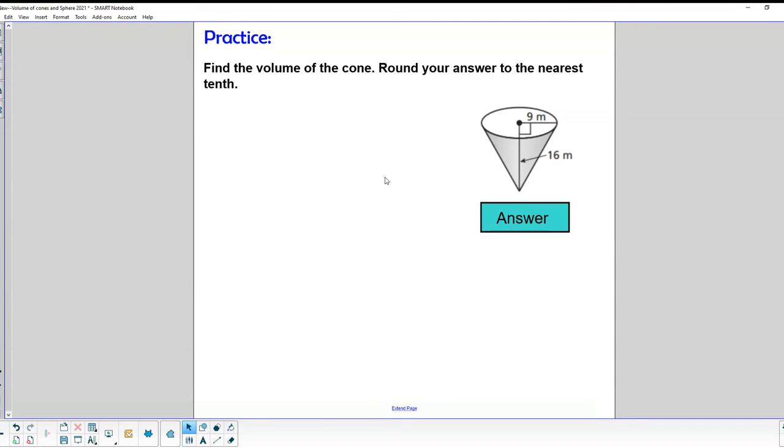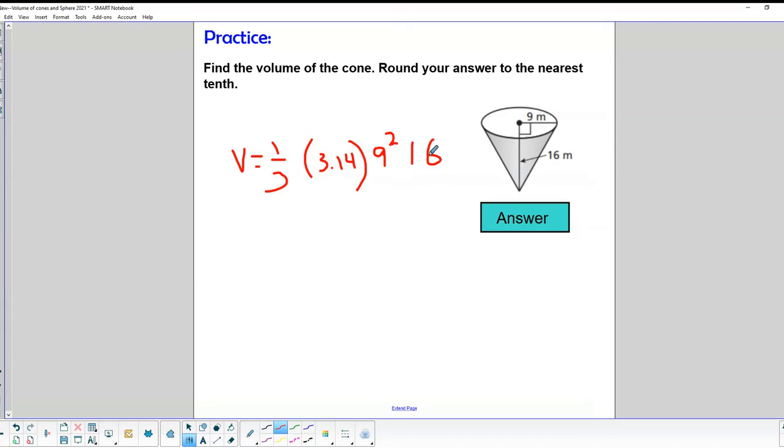Here's one more. You're going to do volume. So we have volume equals 1/3 times 3.14, which we'd use for every one of these formulas, times the radius squared, which is 9 squared, times the height, in this case 16.